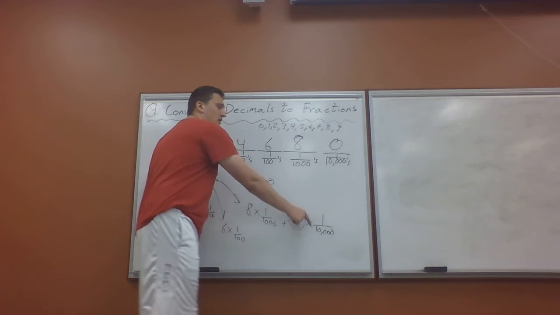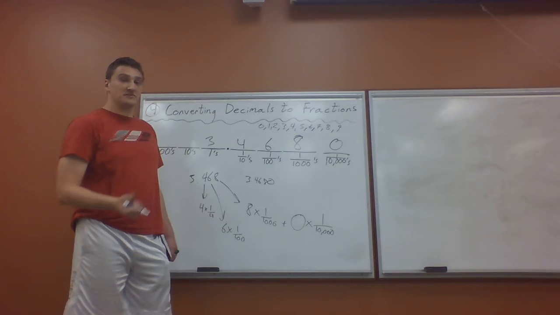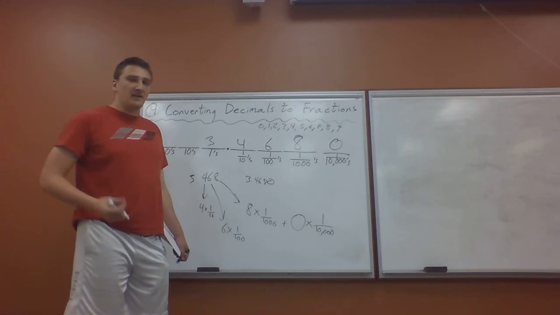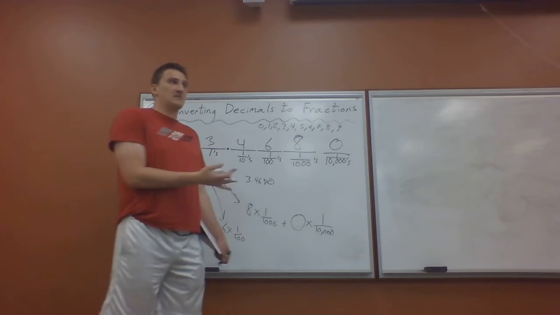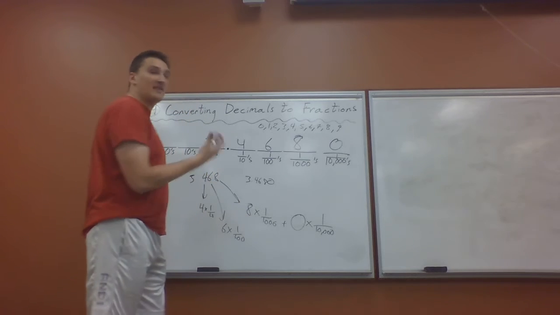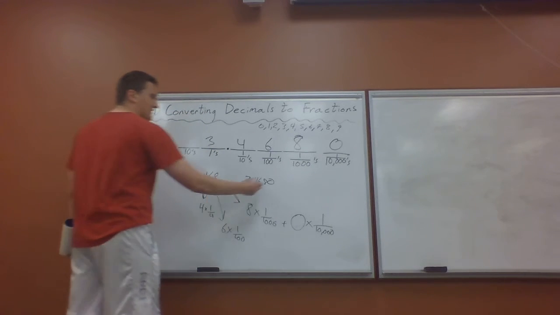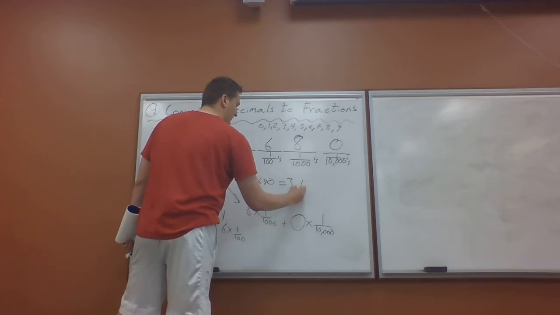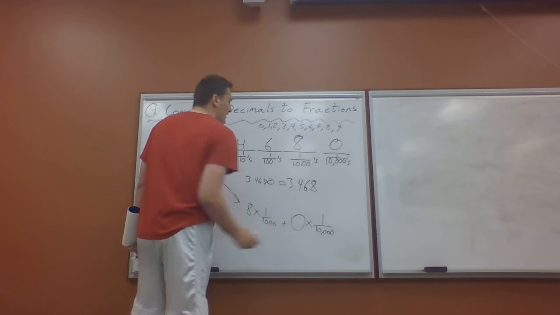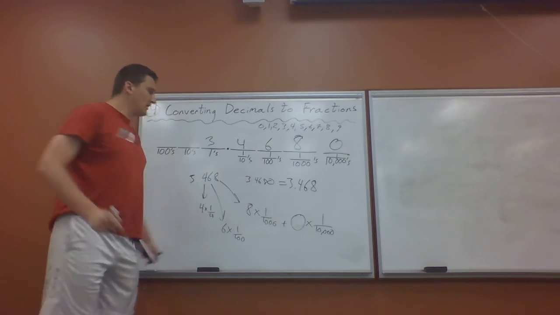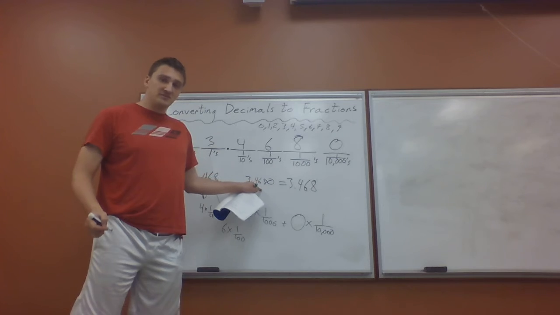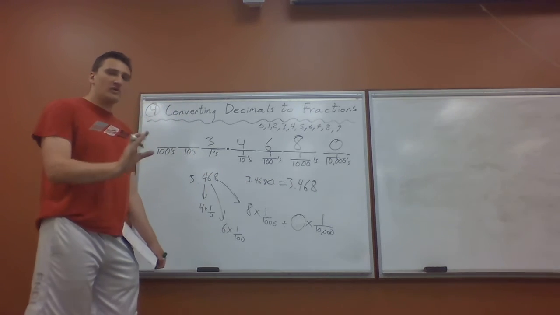I'm adding 0 10,000ths, which doesn't change our value. If I add 0 of something, of course I'm not going to change the value of it. I'm adding nothing. So that's why this is equal to 3.468. Any zeros to the right of any non-zero sequence in our decimals don't really matter.